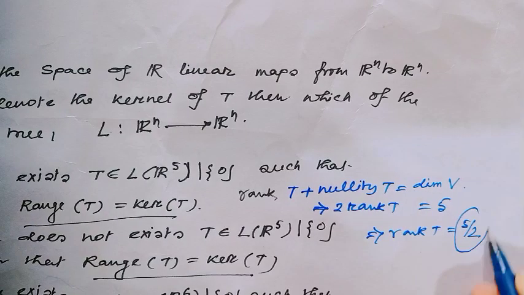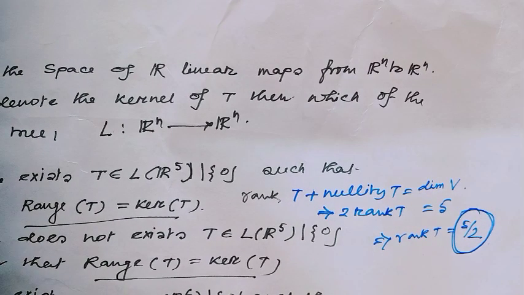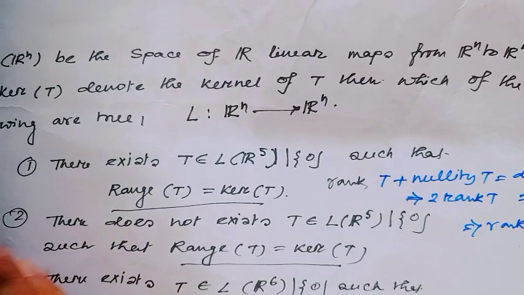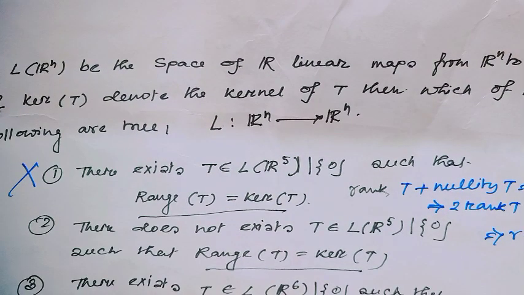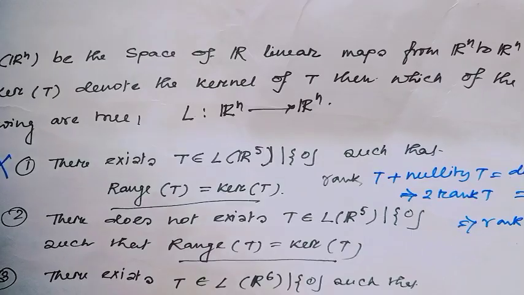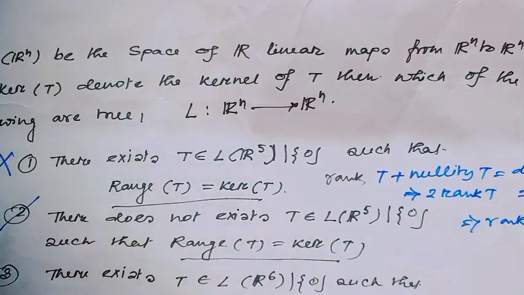Rank T cannot be a fraction, so this is not possible. So option 1 is a wrong option. Are you getting? That means obviously option 2 is a right option.